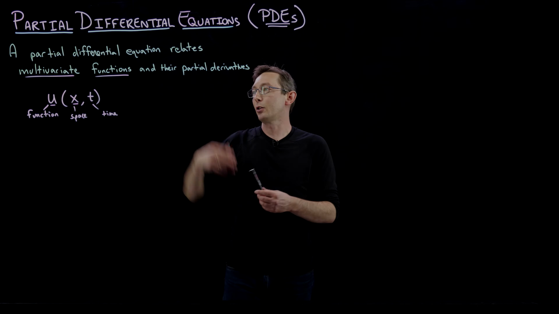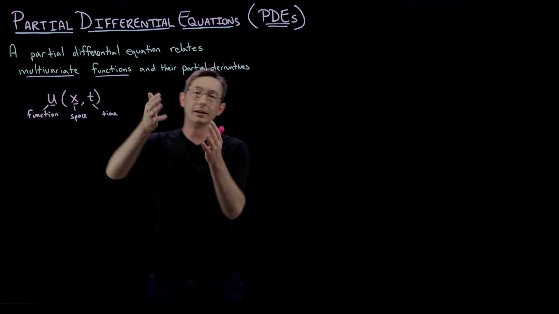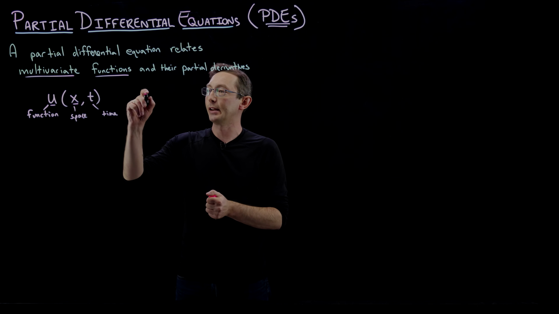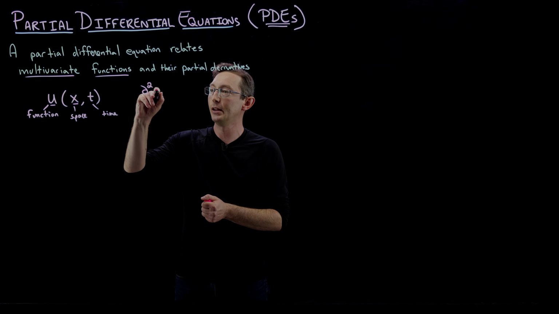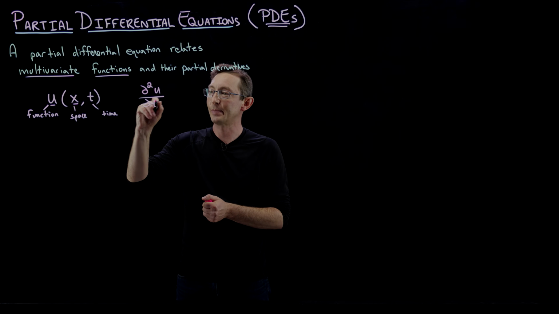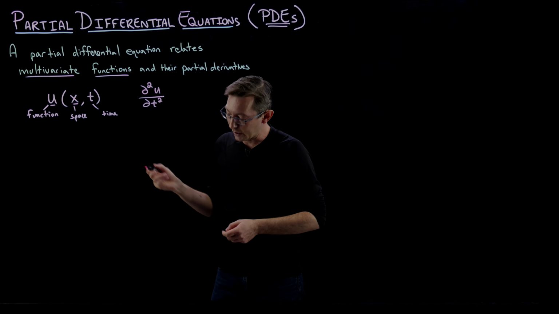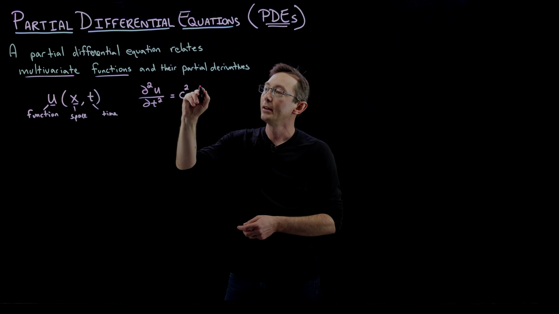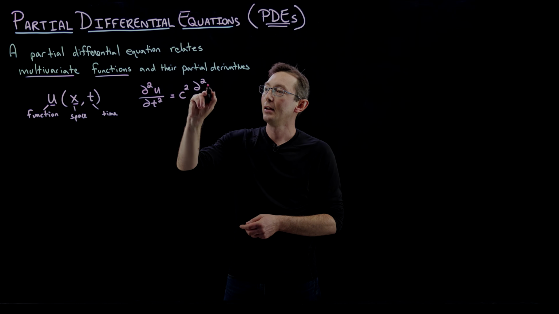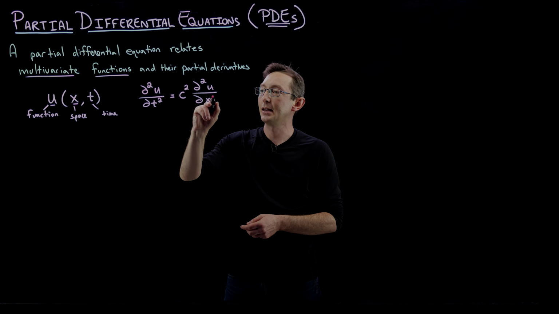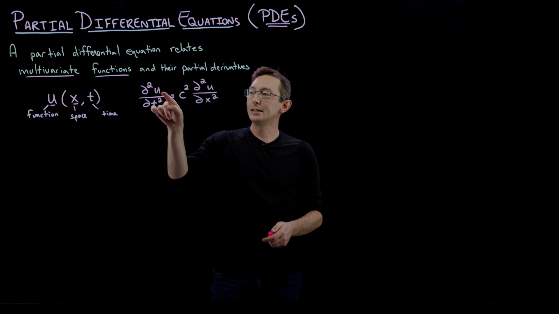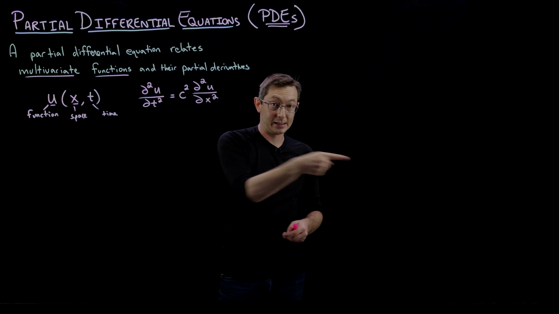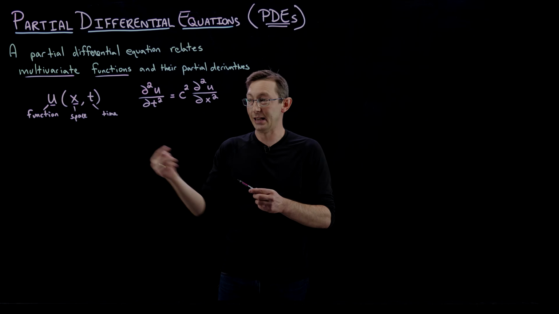And the partial differential equation is going to relate this function and its partial derivatives. A good example would be the wave equation. I could say the second partial derivative of u with respect to time is equal to some positive constant times the second partial derivative of u with respect to x. In this case, u is a scalar function, and x is a scalar, position along the x-axis.